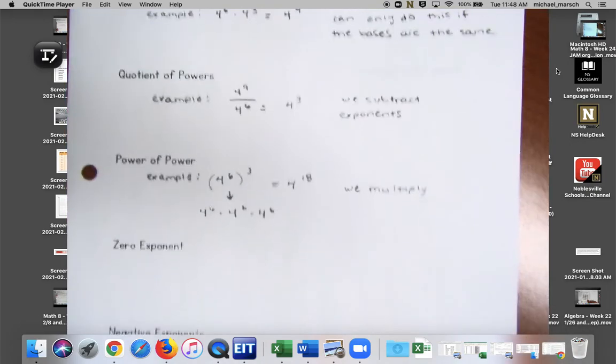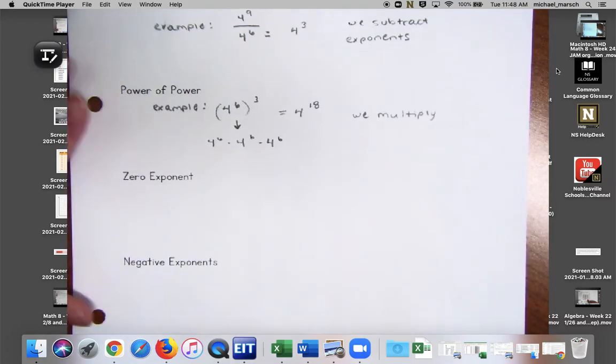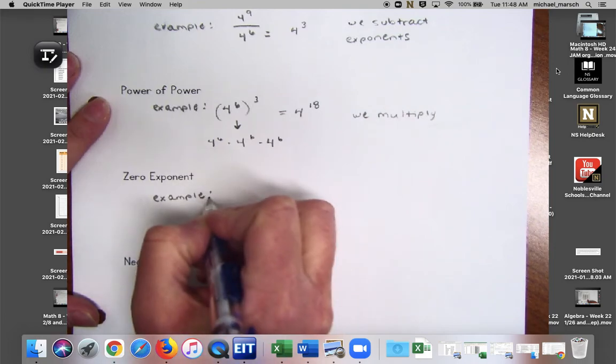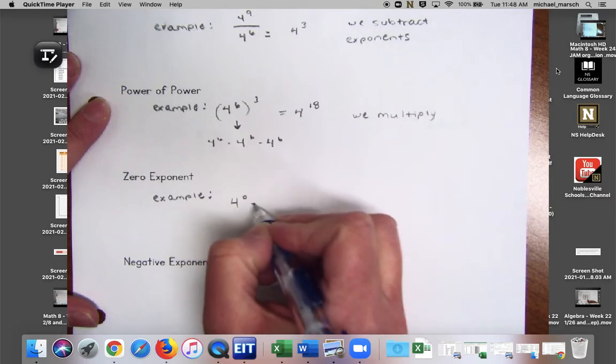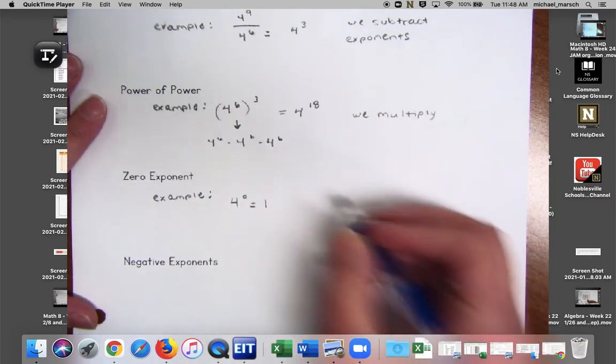Easy? Okay, zero exponent, right? We just talked briefly about this. If I have 4 to the 0 power, it's always going to equal 1.